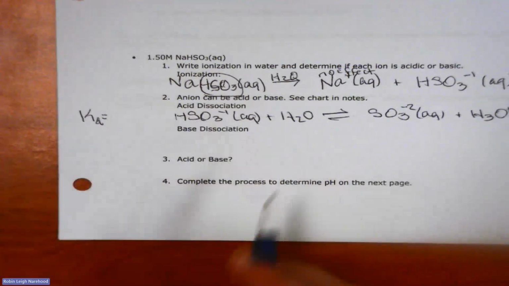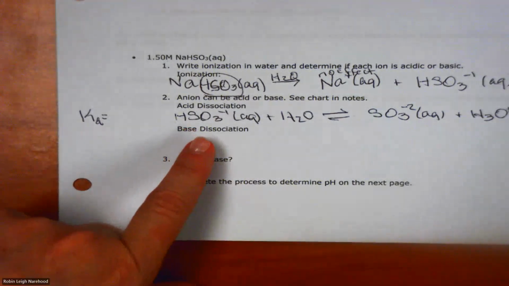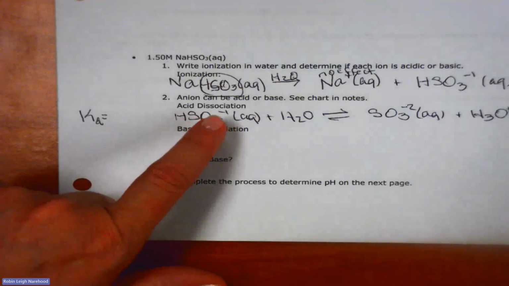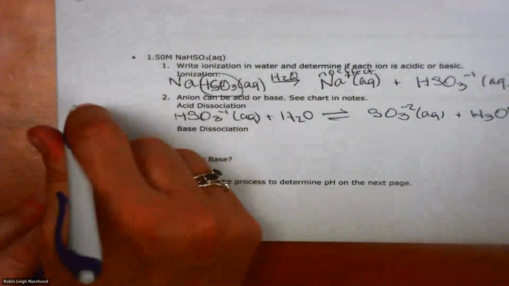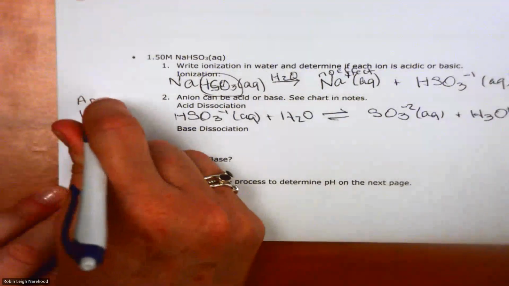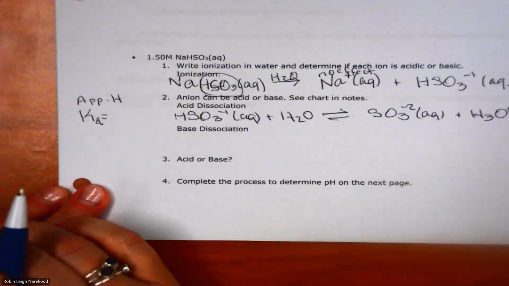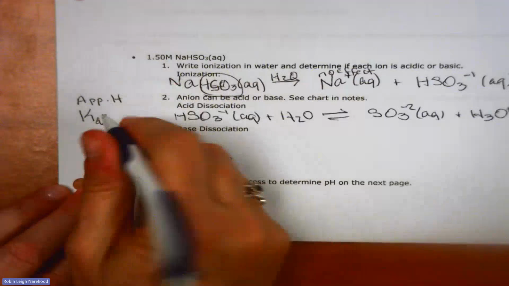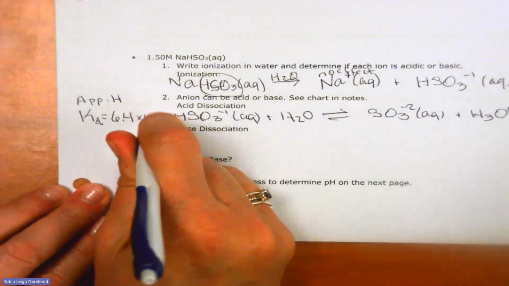So this is the chemical right here that we want to find in Appendix H. So in Appendix H, if you look up, this is under sulfurous acid, you should find HSO3 -1. And the value in OpenStax Appendix H for HSO3 -1 is 6.4 times 10 to the -8.